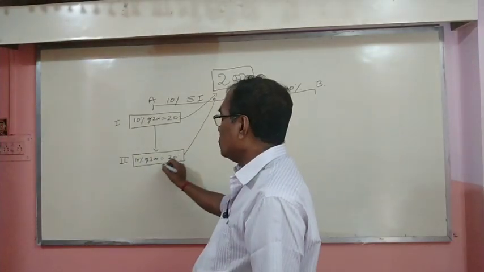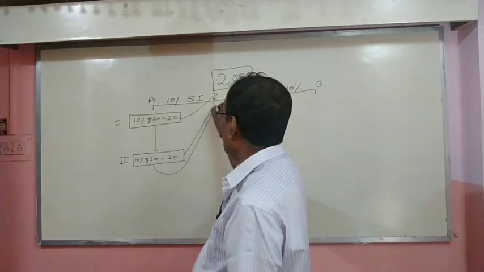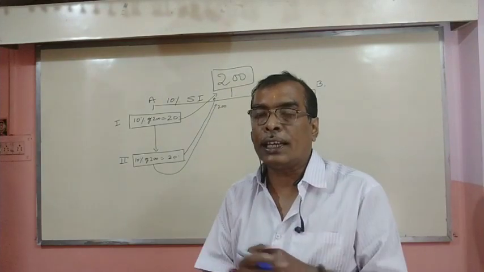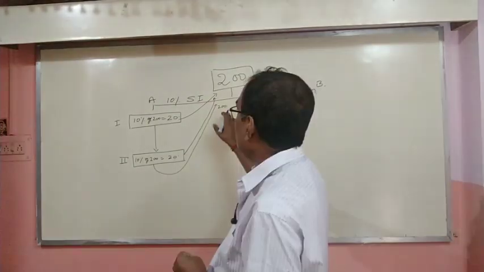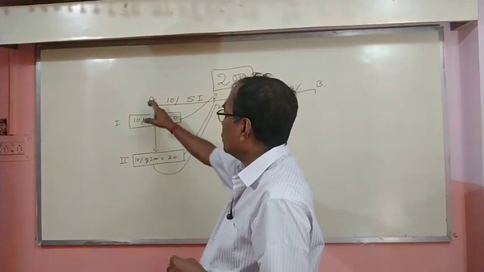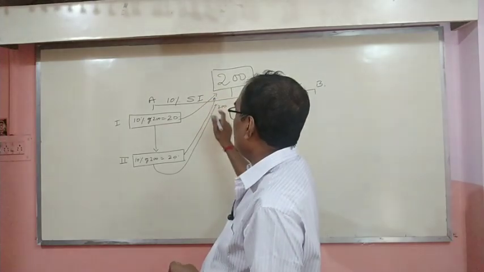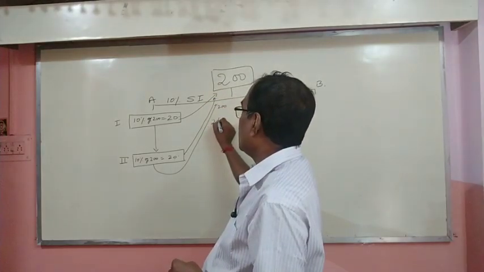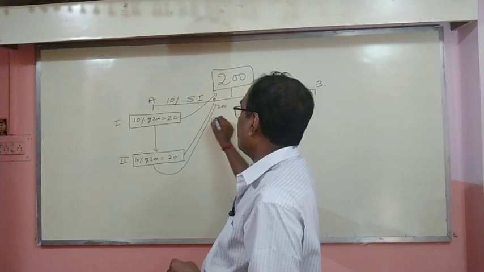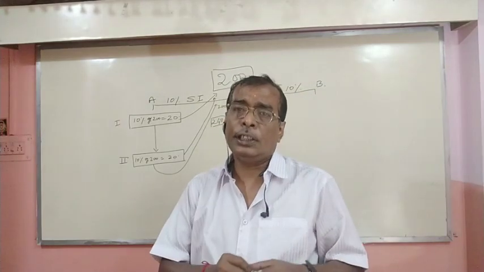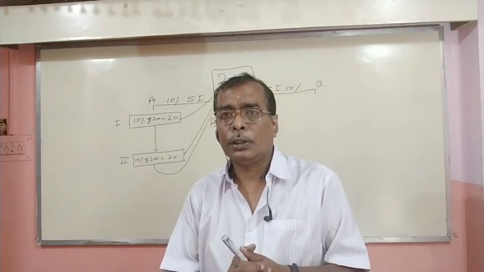Now along with this 20 rupees, he will have to return the 200 rupees also, because 2 years have been completed. So how much money am I getting from person A? 200 plus 20 plus 20, that is 240. So I am getting 40 rupees extra, and this extra is known as the simple interest.